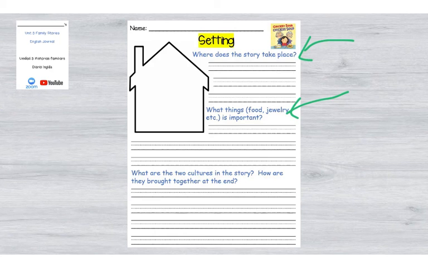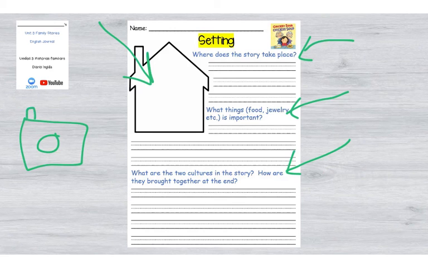What things are important? What are the two cultures? And how are they brought together? And then I want you to draw a picture of the two foods. Please make sure when you are done, you send me a picture on Class Dojo so I can grade it.